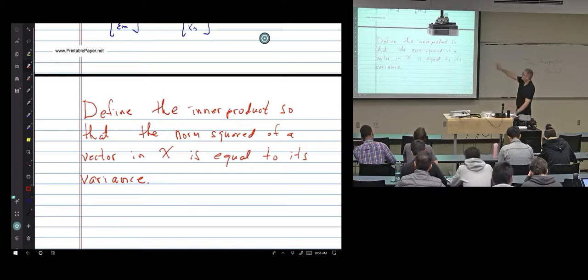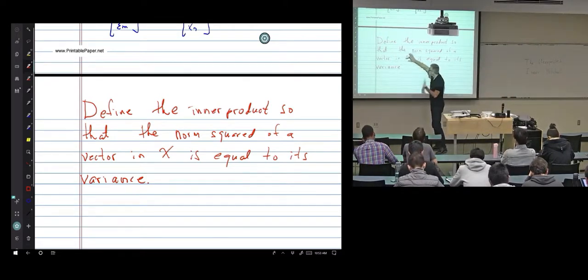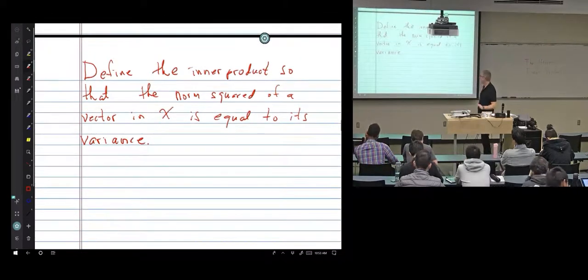So this is the key to everything, is having the abstract setup where we're comfortable working in inner product spaces. We first define the vectors, we define something, and then check that it's really an inner product, and then we can do minimum distance best approximation problems.